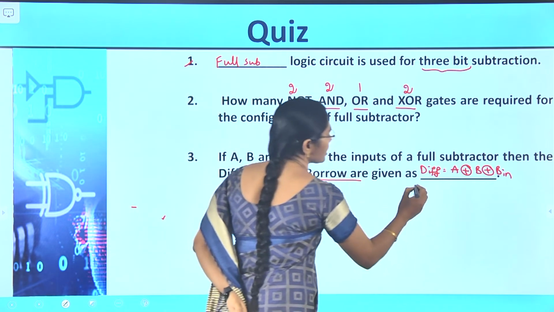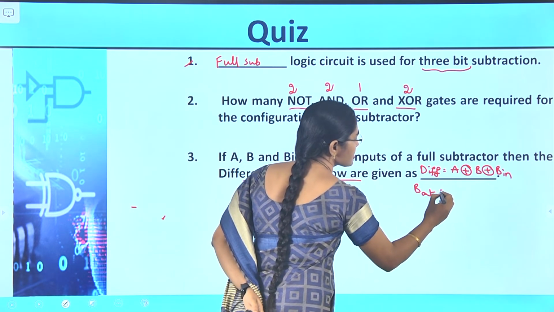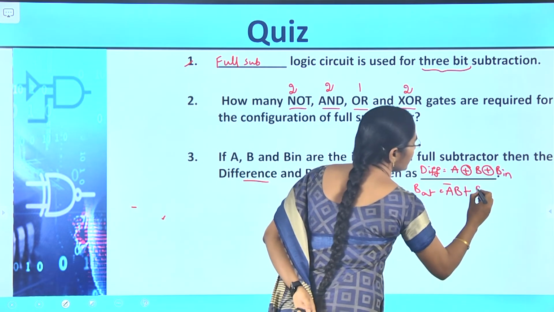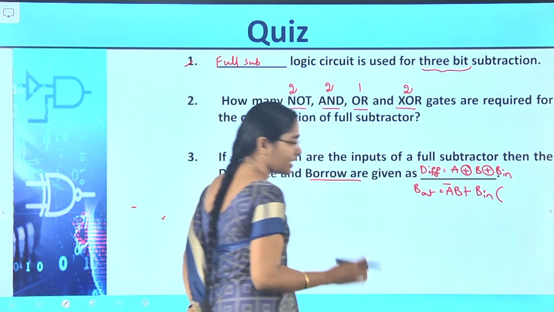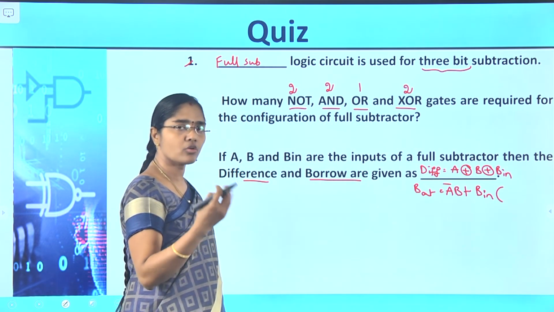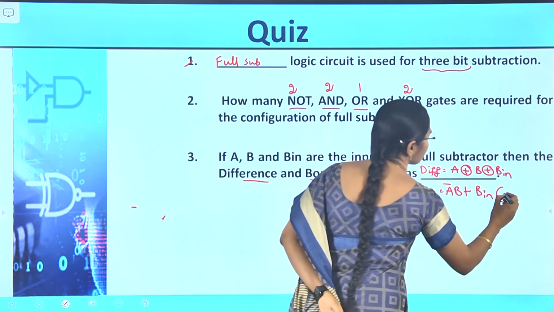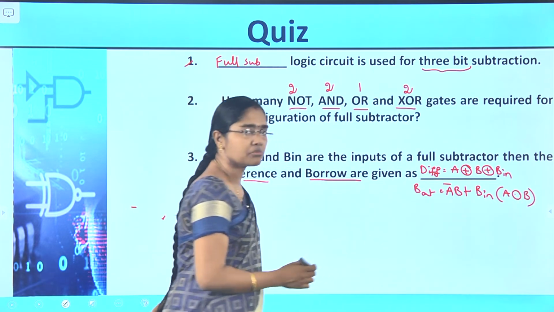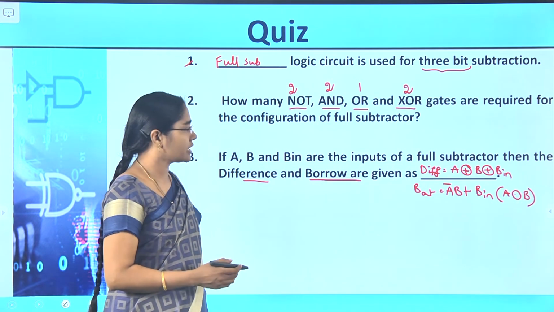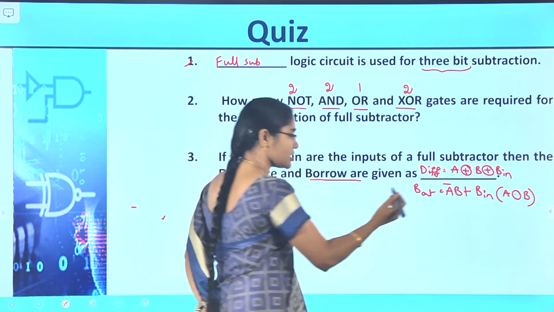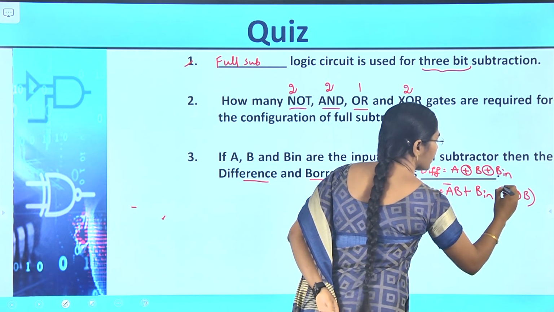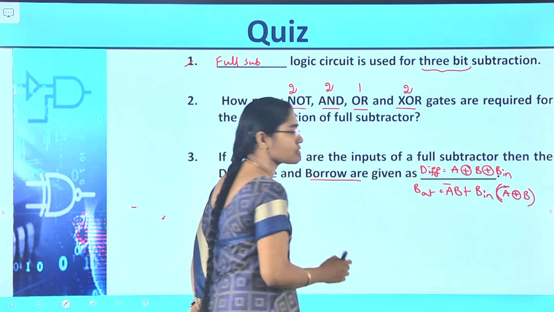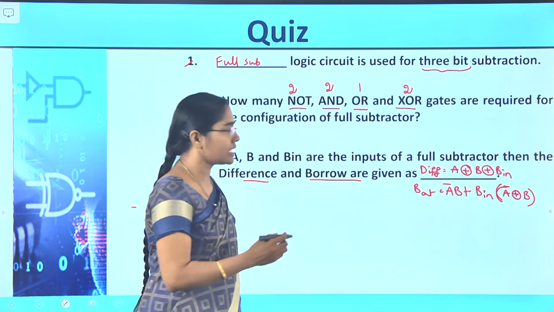And what is the borrow out equation? The borrow out equation is A bar dot B plus B in into either A XOR B whole bar, or A bar with XOR of B. Anything can be used. So here A bar B plus B in into this one, or A bar into XOR B can be taken, or A XOR B whole bar.